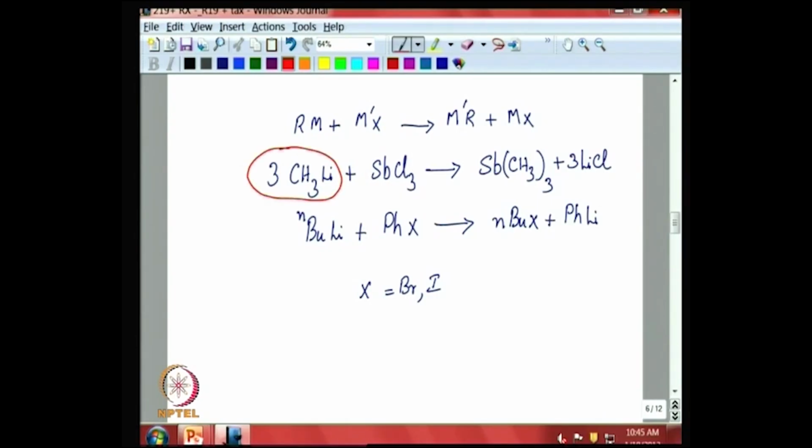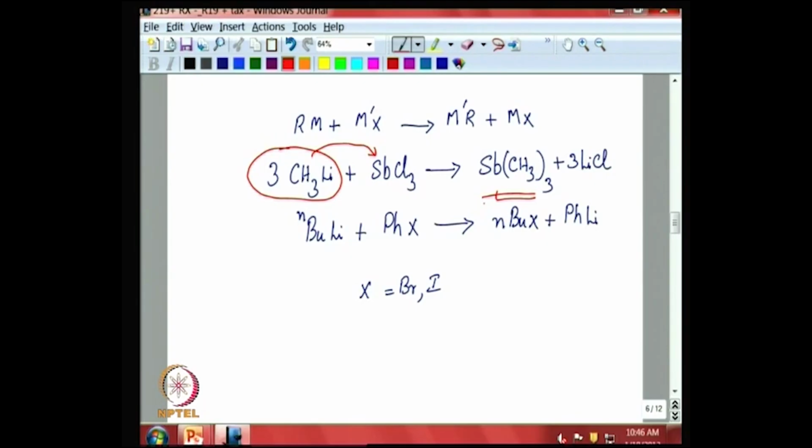The methyl lithium is formed from methyl bromide and lithium, and then once you have this metal alkyl, you can transfer it to a less electropositive element like antimony, and you form an organometallic compound which is not possible to generate directly from a reaction of methyl bromide and antimony, but by this indirect method you first convert it to methyl lithium and then transfer the methyl group from the lithium onto the antimony atom.